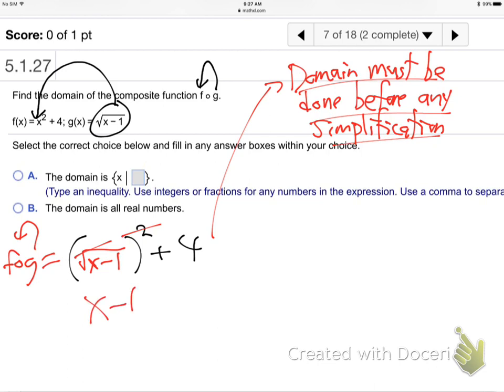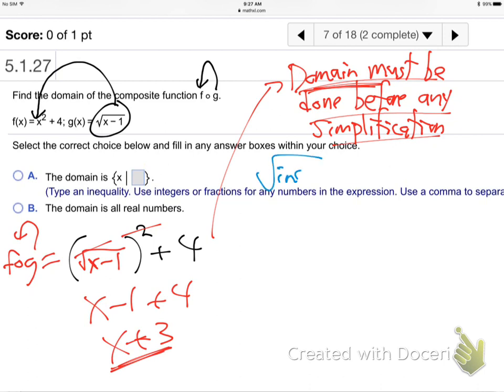And it would be just x minus 1 plus 4, that'd be x plus 3, and that would be the simplified version. They'll ask us for that in a couple problems down the line. But you can't do that before you do domain. Domain must be done before you do any simplification. Why the big deal? Well, remember domain, what are the two things we look for? Denominators and square roots. Here we have a square root, right?